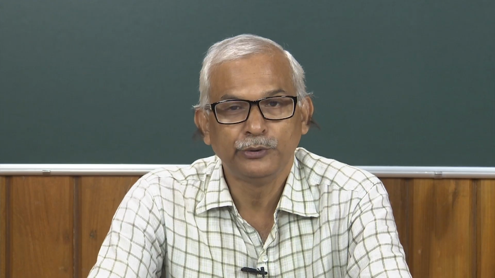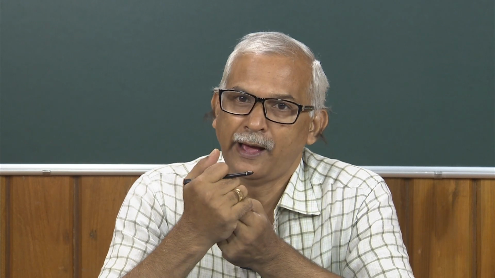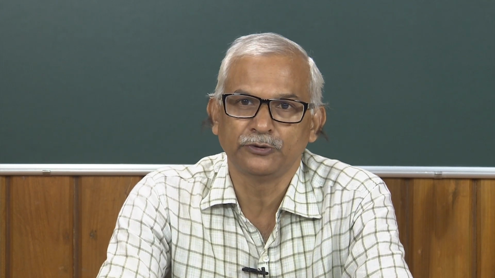Similarly, F, future or eventually, talks about a particular state in this particular path, so it is an existential quantifier of states along a path. Again, we have the notion of for all and there exists in the case of paths, and of all states or there exists a state along a particular path, and this is captured with the temporal operators G and F.